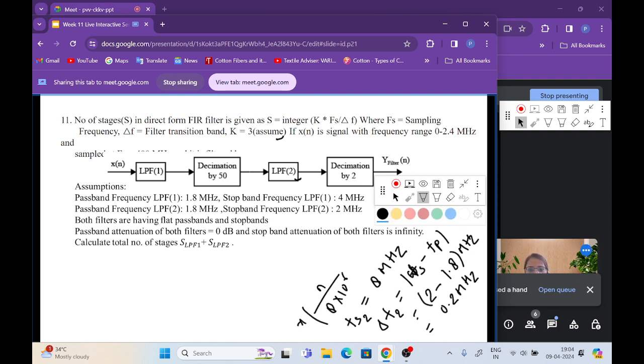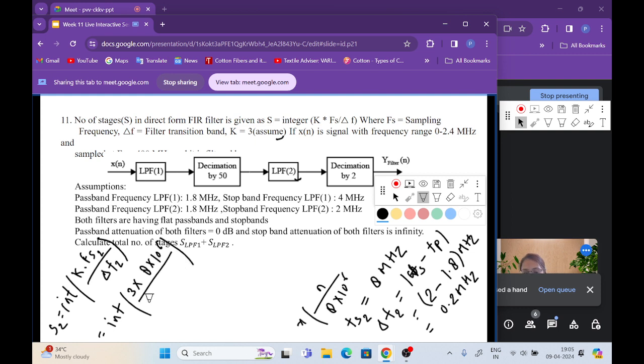Now we put in this equation: S2 is equal to the integer of k into Fs2 divided by del f2. Again it is given k is equal to 3. The sampling frequency for stage 2 is 8 megahertz, and del f2 we have got 0.2 megahertz.